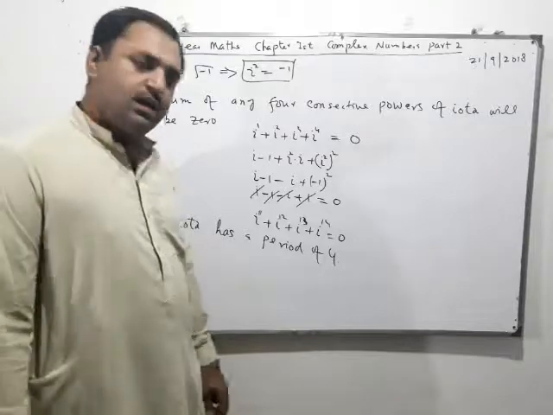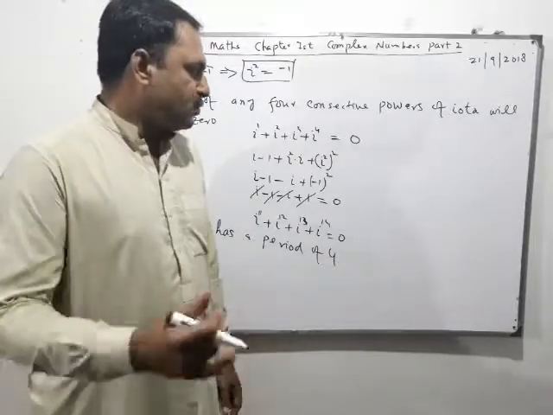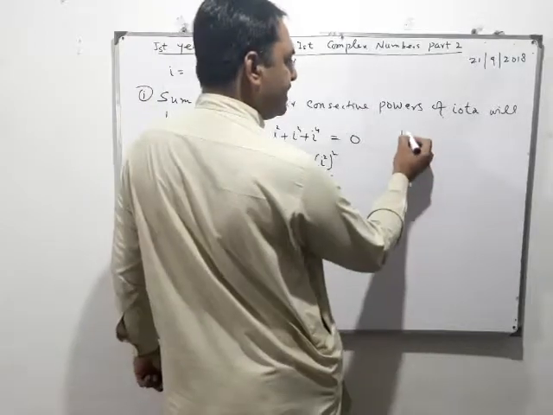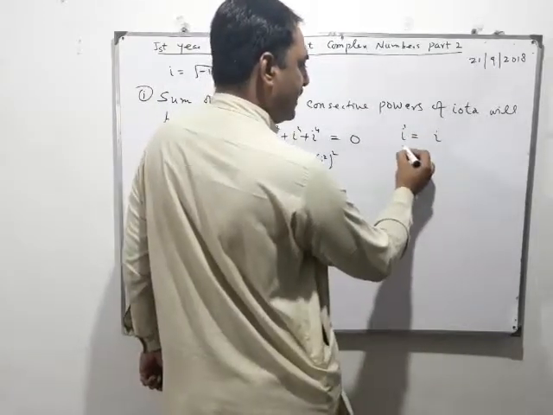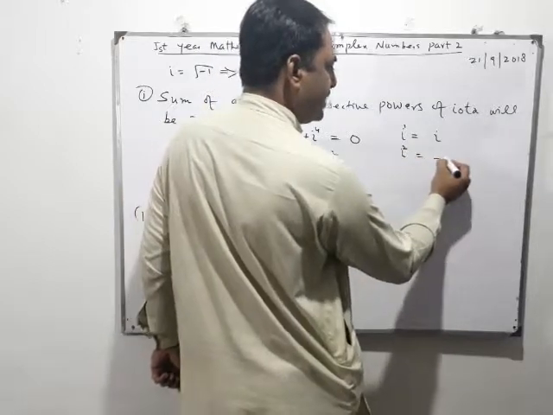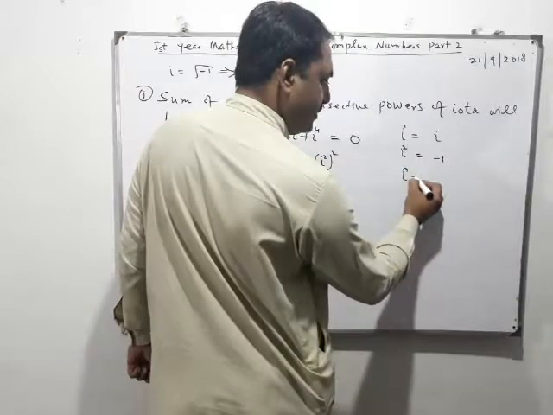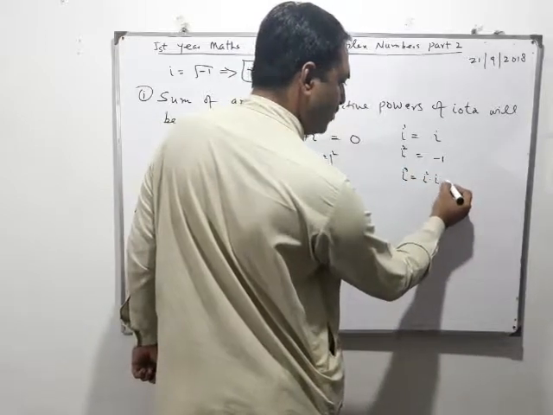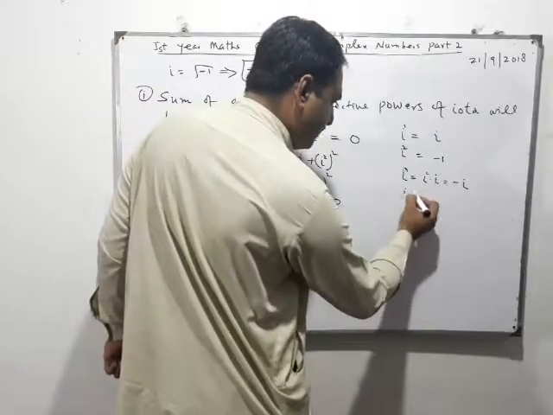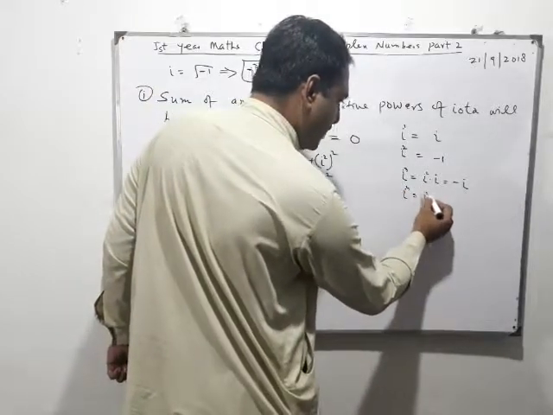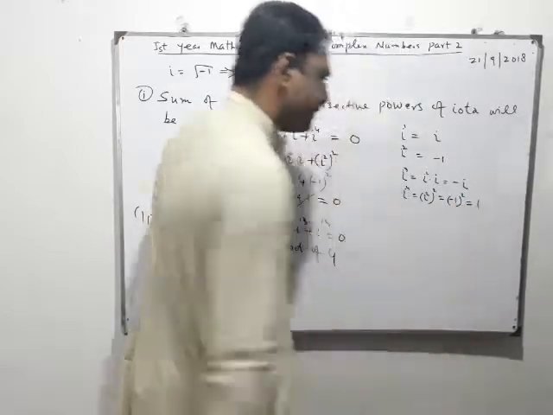What does it mean? It means that after 4th power iota has repeated its values. For example, iota 1 is iota. Clear? Iota square is -1. Iota cube can be written as iota square into iota. This becomes minus iota. Iota 4 means iota square whole square equal to (-1) square equal to +1.